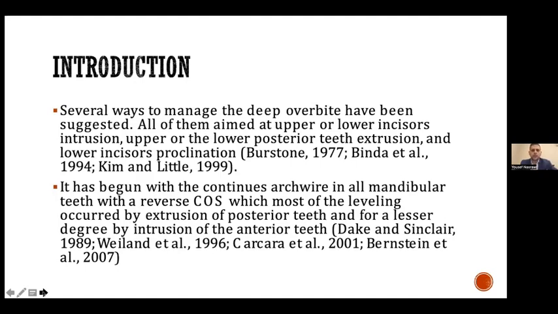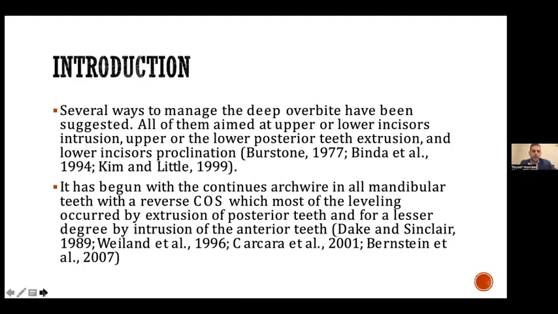Several ways to manage deep overbite have been suggested. All of them aimed at upper or lower incisor intrusion, or upper or lower posterior teeth extrusion, associated with lower incisor proclination if you haven't added torque in the arch wire.